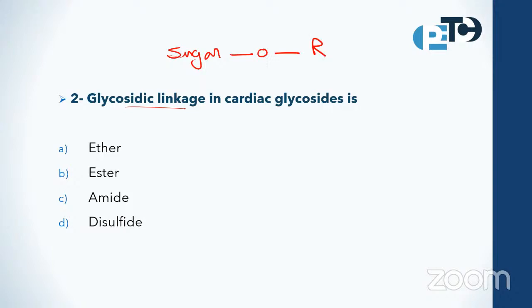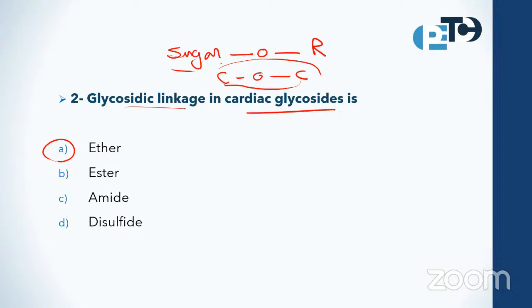So here it will connect carbon to oxygen to carbon. What is the functional group containing this connection? It is ether. So any glycoside is an ether, but not all ethers are glycosides. It should contain a sugar part to be considered a glycoside.